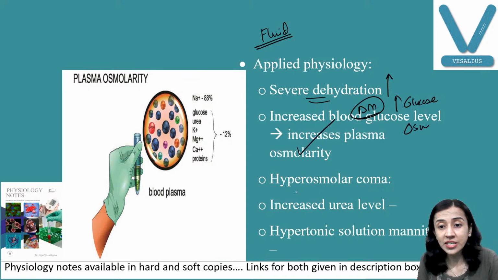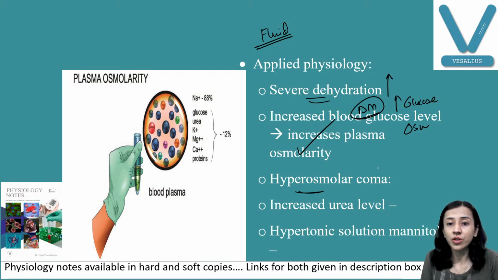And because of the increase in osmolarity, there is coma. Why? Because fluid flows from inside the cell to outside. In brain cells, if fluid comes out, that results in decreased function, hyperosmotic coma. Then when urea level increases in a patient with renal failure, again the same thing, hyperosmolarity.